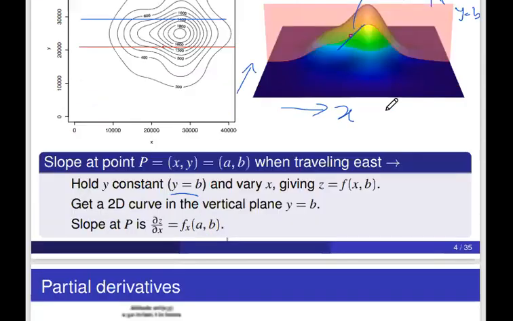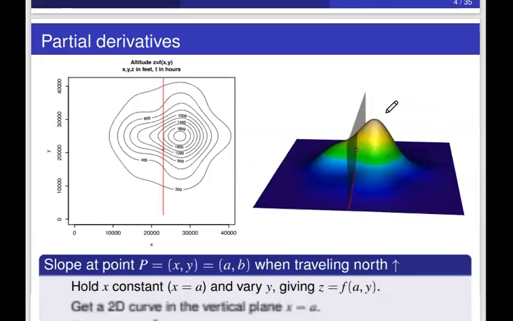Similarly, if you slice off the mountain parallel to the y-axis, this is the y-axis, right? Then what happens to the x variable? X is a constant. X takes this value here. I don't know what this value is. Then here you get a curve.